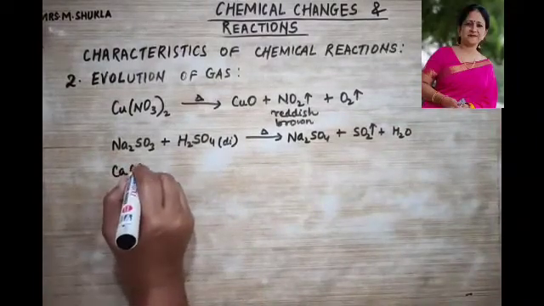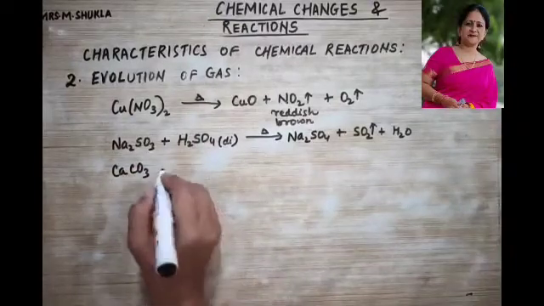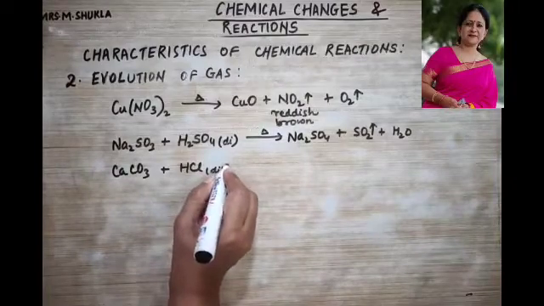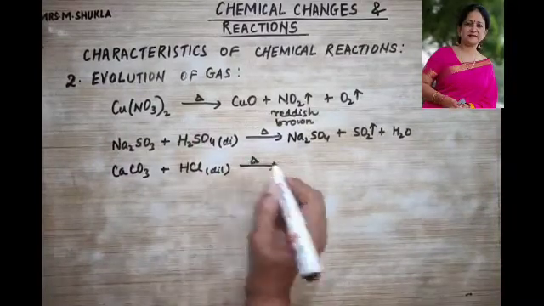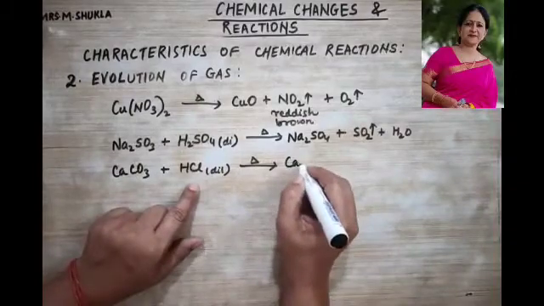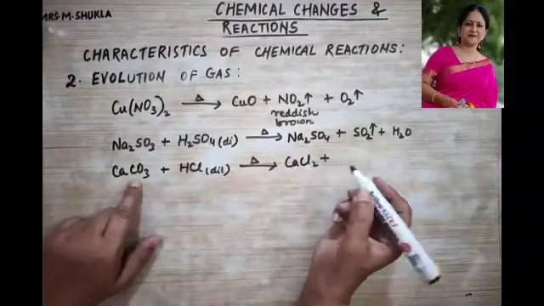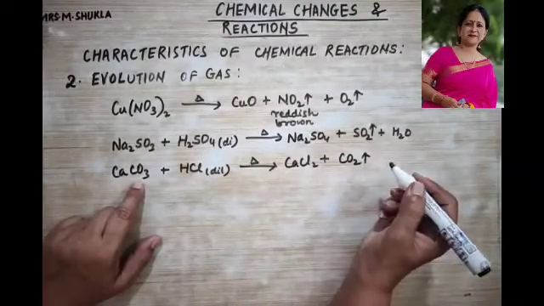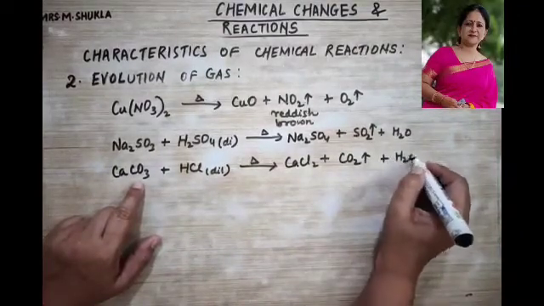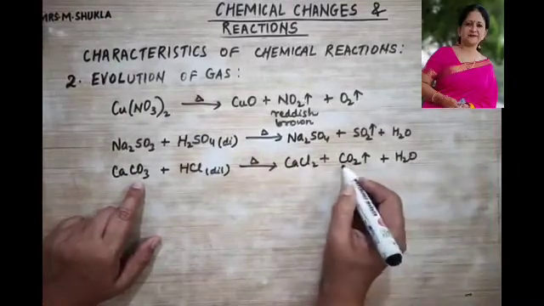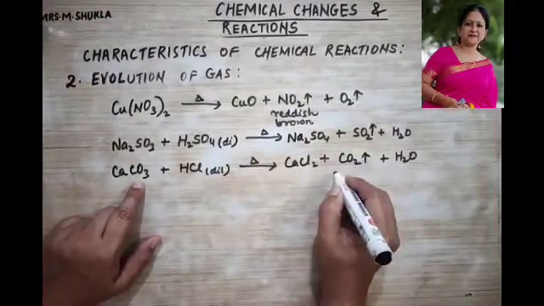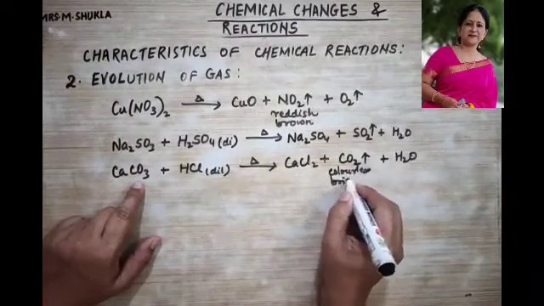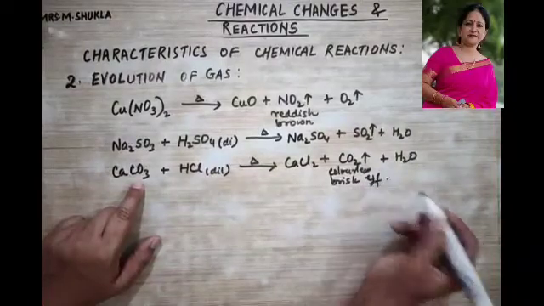Similarly, we can take another example like calcium carbonate when treated with dilute hydrogen chloride. What is it going to give us? Calcium chloride plus carbon dioxide, since it's a carbonate, plus water. So what do you observe over here? This is a colorless gas, no doubt, but we observe brisk effervescence.